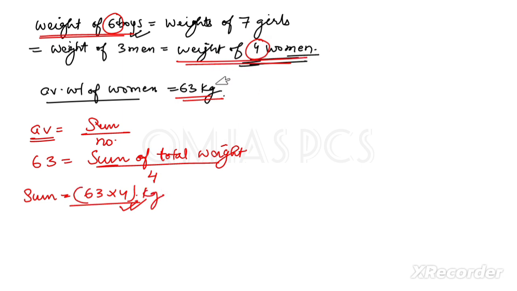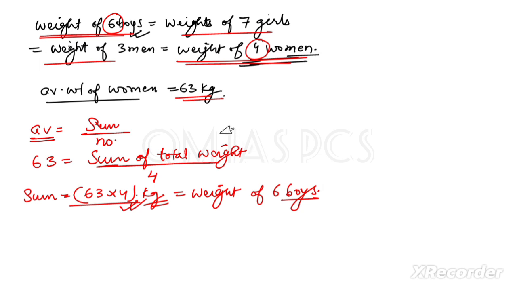So this will be equal to all of these. We can write that this is the weight of 6 boys, because here we have to calculate the average weight of boys. So we consider the statement that the weight of 6 boys was this one.